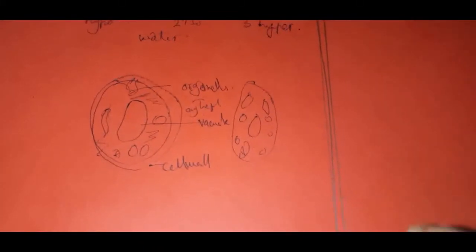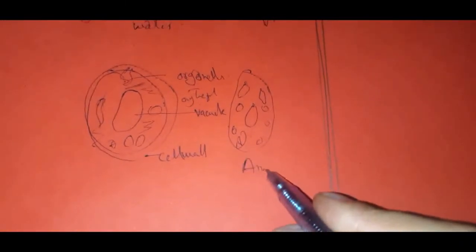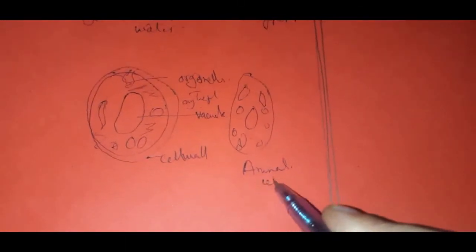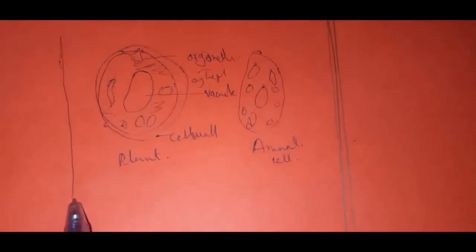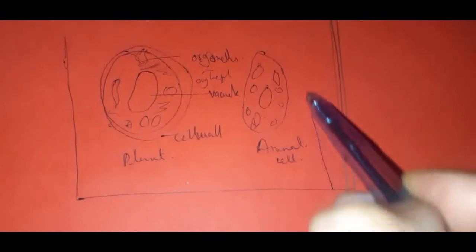It has only a cell membrane and no cell wall. That is an animal cell, whereas the other is a plant cell. Okay, suppose I'm keeping the cells in a container.